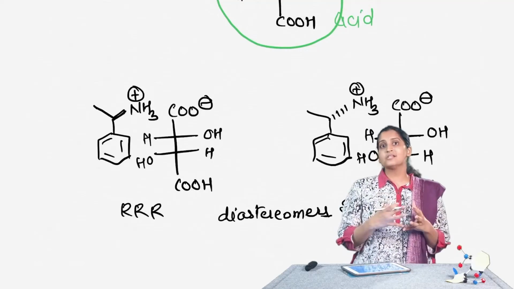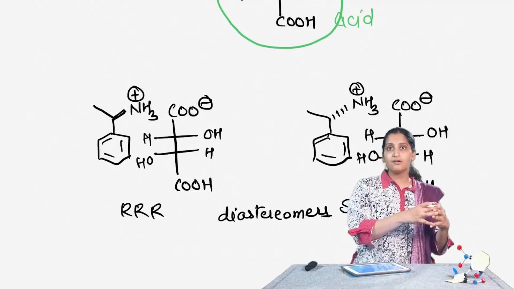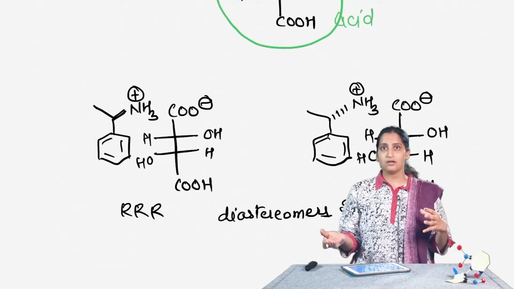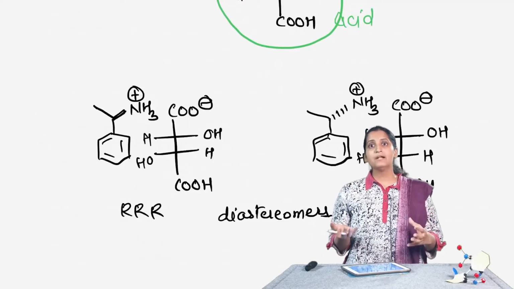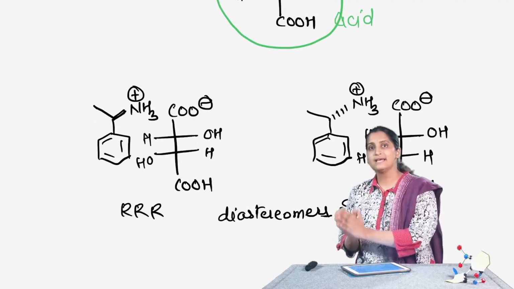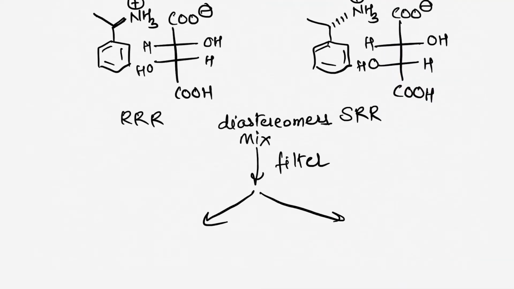So, as the crystals form, one of the compounds will start getting into the solid form, whereas the other one still stays as a liquid compound. So, I am able to use filtration to separate the RRR from SRR. So, then we filter and we convert this mixture into a separate form of RRR and SRR molecules.